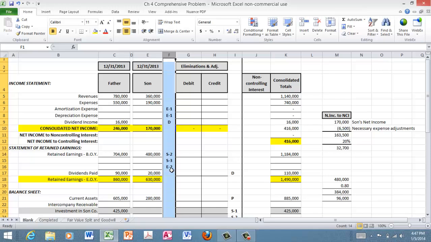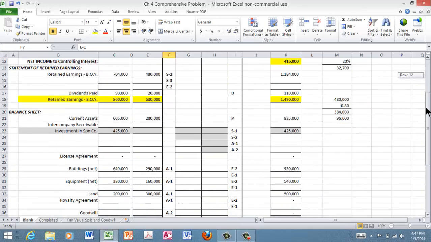Now, the book goes through a fairly regimented nomenclature on how they name these kinds of entries, and frankly I don't care if you use that exact nomenclature, as long as you put references on your debits and credits. That's what helps you keep track of whether your debits equal your credits as you go through the consolidation process. And then what I'll ask you to do too is define or describe what each one of those is doing. So let's just start hacking through this, and I'll explain as we go forward.